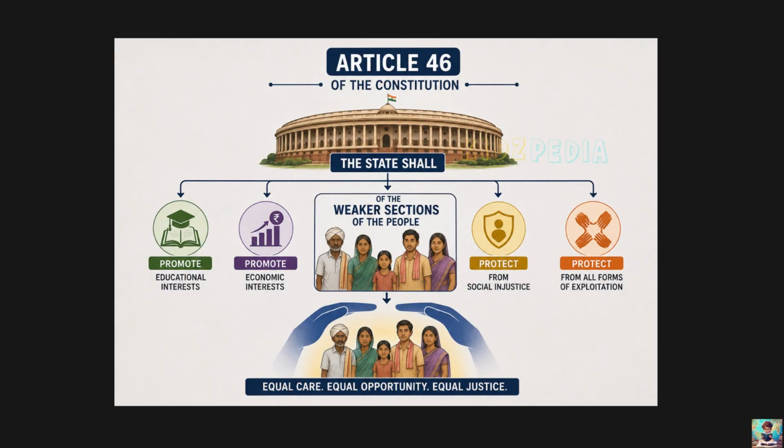Article 46 says that the government should give special attention to the educational and economic interests of weaker sections, especially the scheduled castes and scheduled tribes. It also says that they should be protected from social injustice and exploitation. So, in simple words, a democratic government must protect everyone. But if some groups are at a disadvantage, the government must give them special attention and make sure they get fair opportunities and protection from injustice.